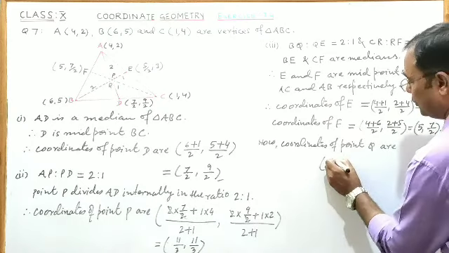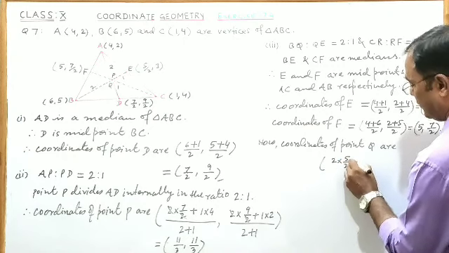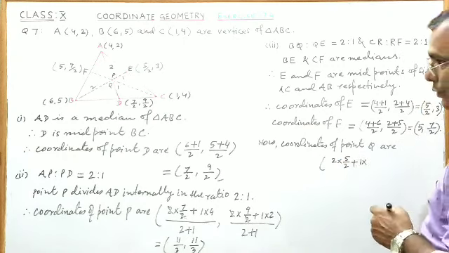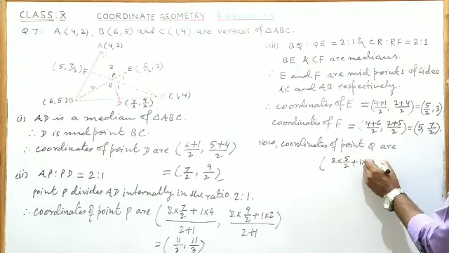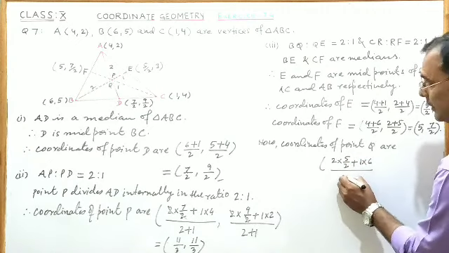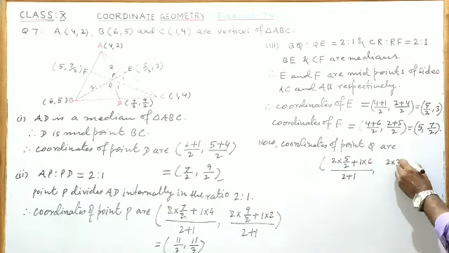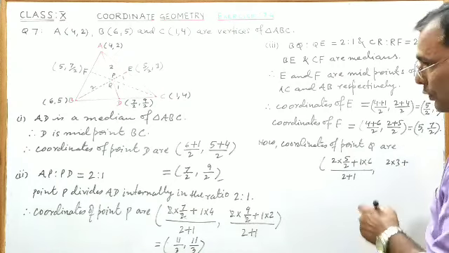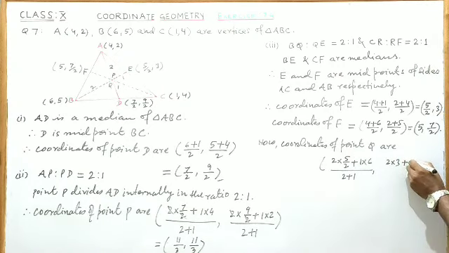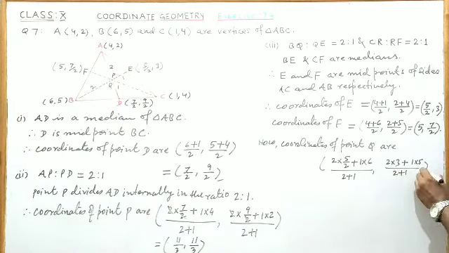So (2 into 5 by 2 plus 1 into 6) by (2 plus 1), (2 into 3 plus 1 into 5) by (2 plus 1).